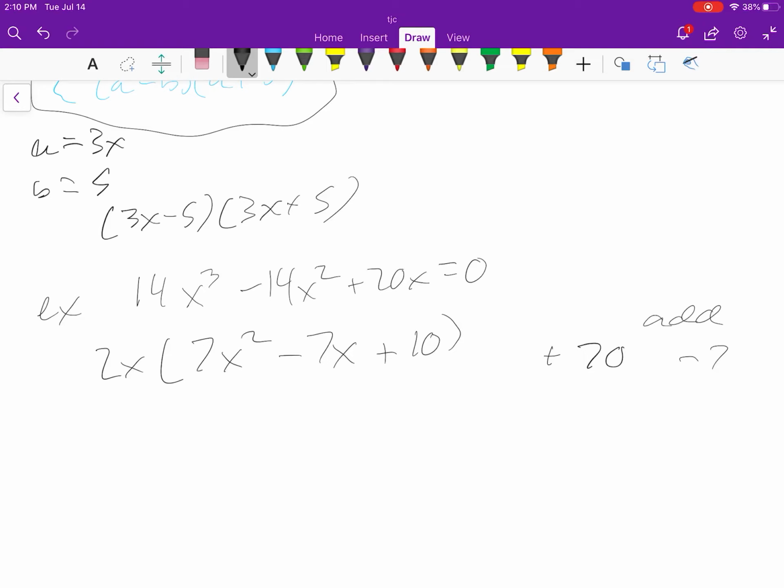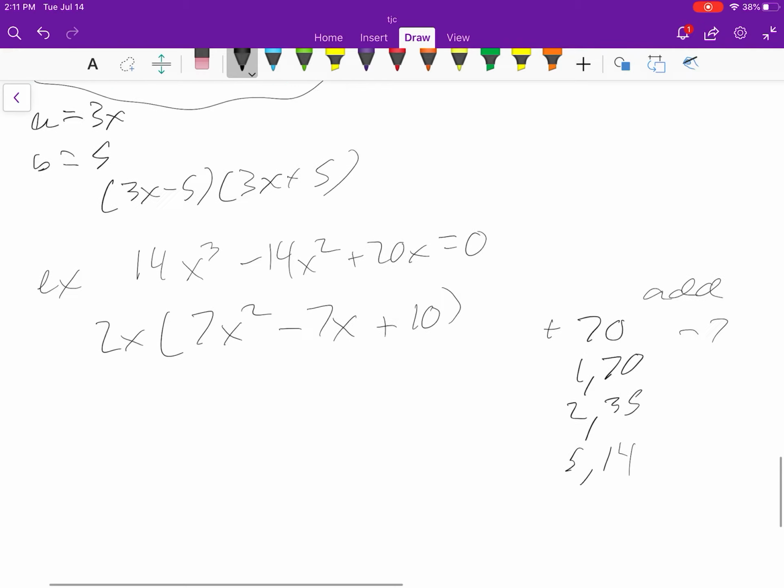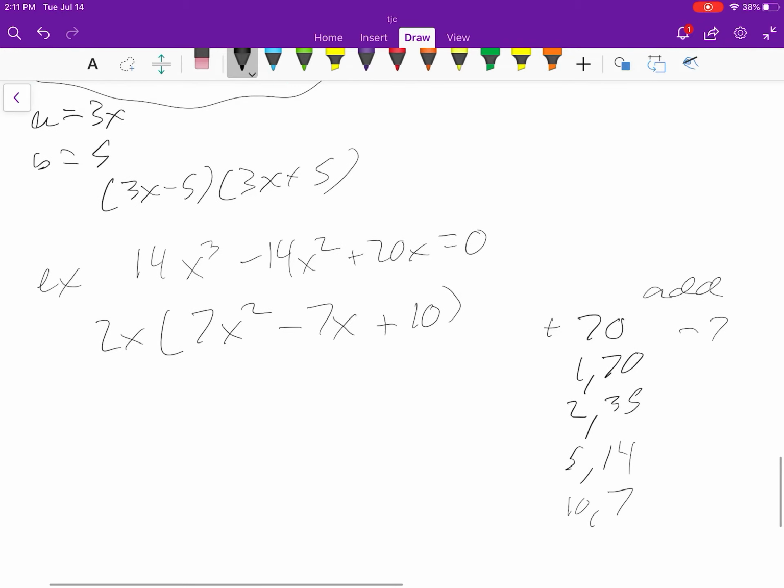And you're never going to add to 7, because let's see, you got 1 and 70, 2 and 35, 5 and 14, and 10 and 7, and all of these add greater than 7. So this is one of those cases where this right here is not factorable.